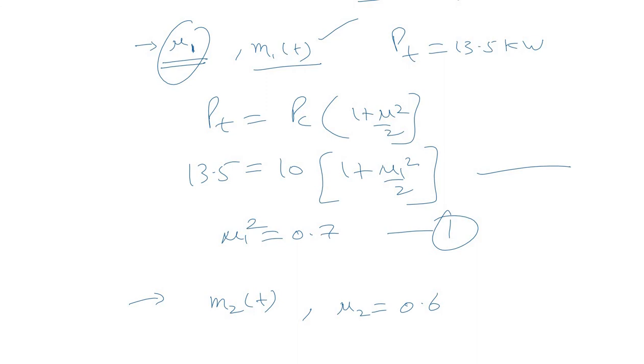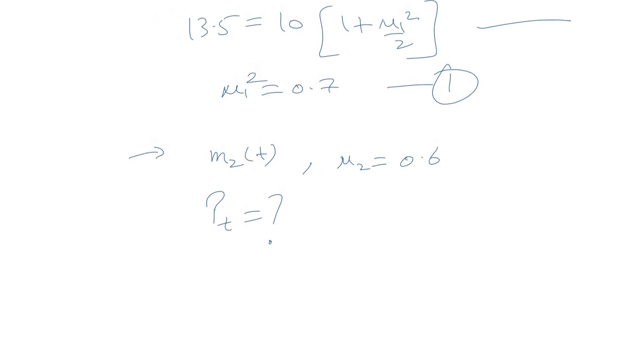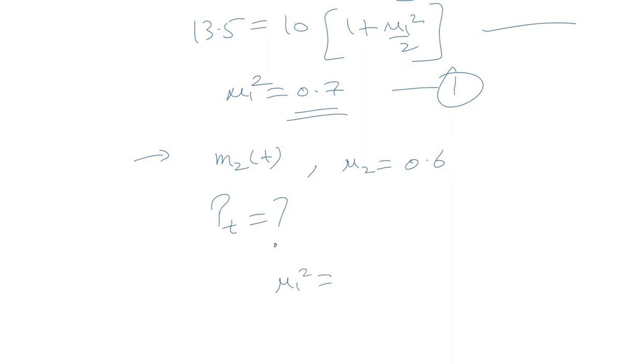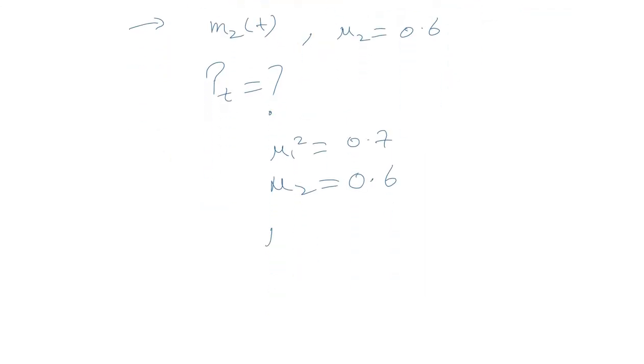Okay, so in this multi-tone system, what will be the transmitted power PT? Basically there are two different message signals which are modulating the carrier, and there will be two different modulation indexes due to them. So mu1 square we already know is 0.7, and mu2 is given to us as 0.6. We can find out the total modulation index.